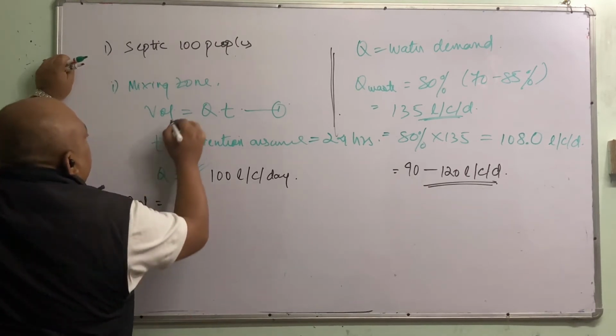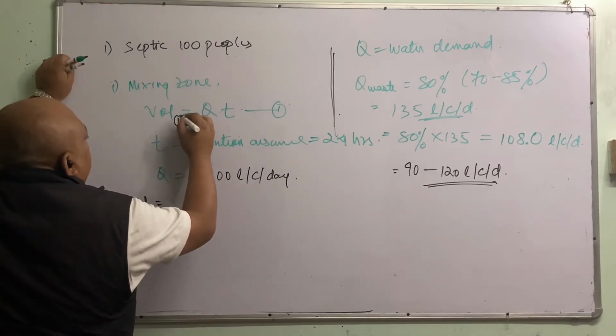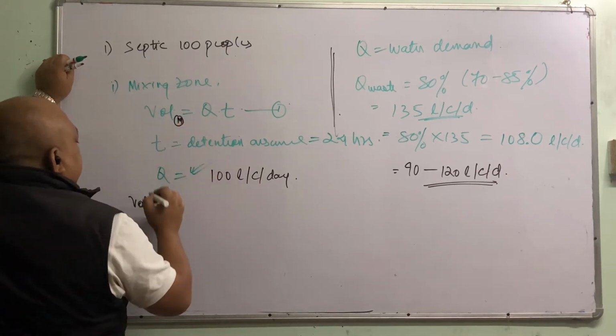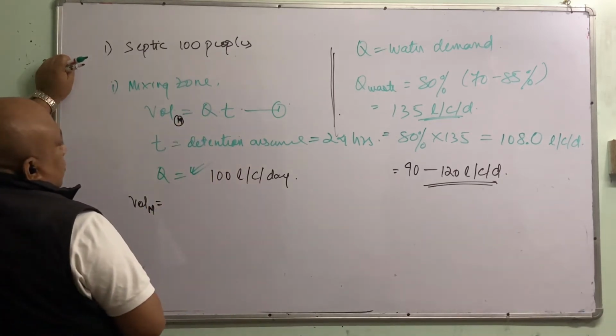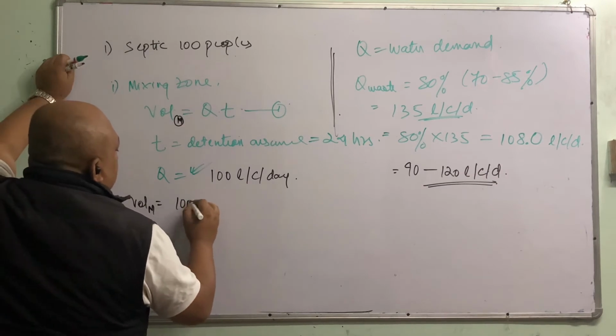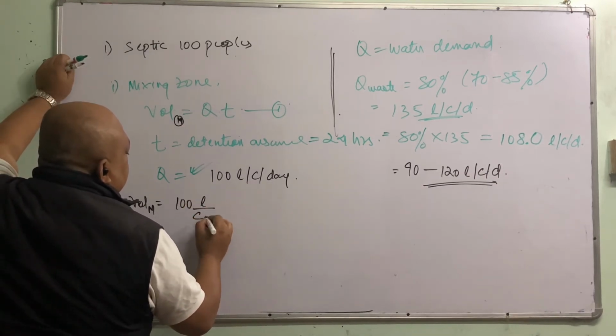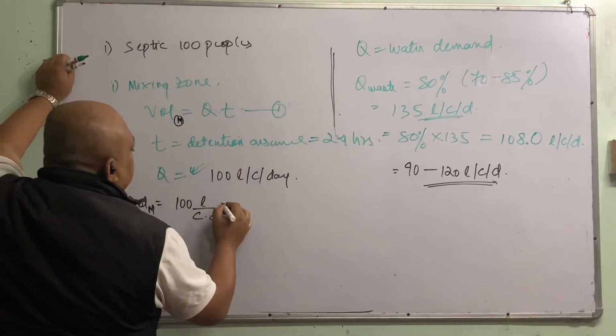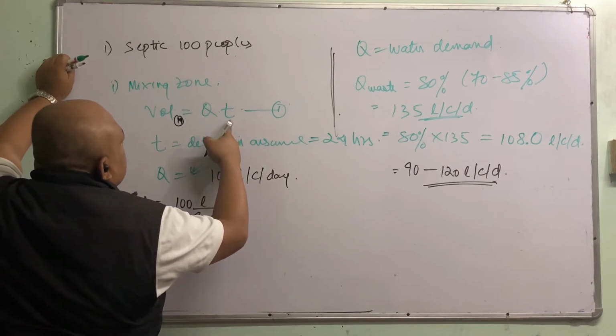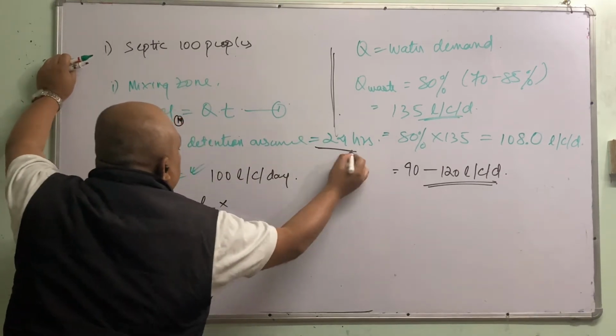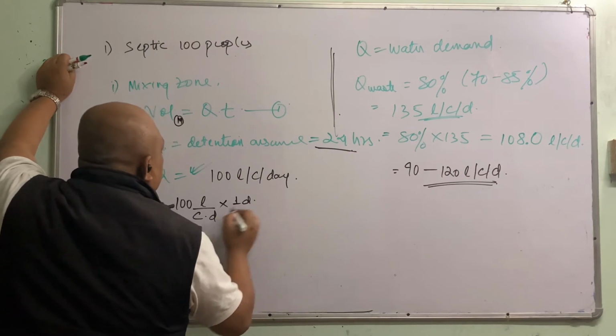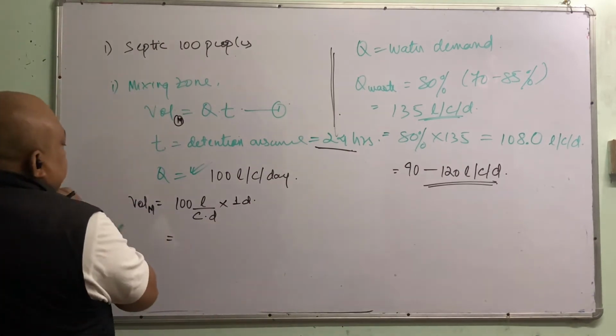Volume mixing is equal to 100 liters per capita per day into time. Time is 24 hours, so I will say this is 1 day, correct?